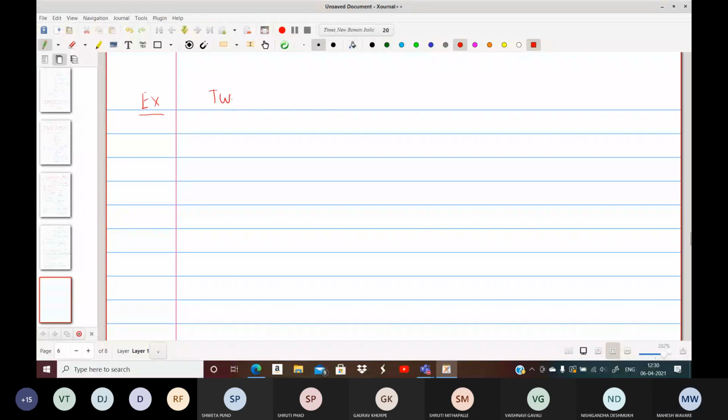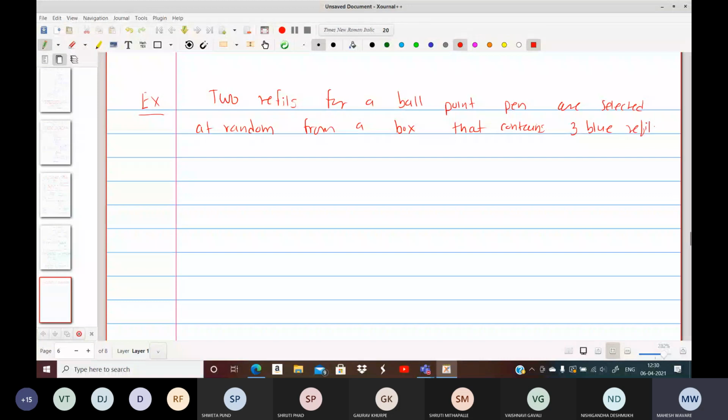Two refills for a ballpoint pen are selected at random from a box that contains 3 blue refills, 2 red refills, and 3 green refills.